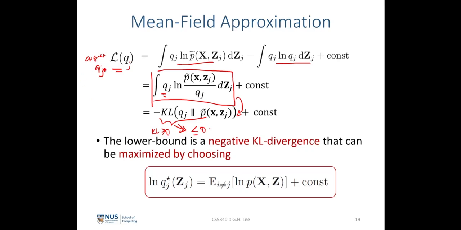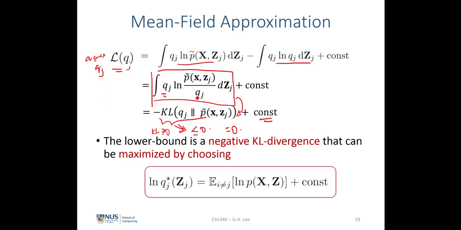And if we are going to maximize this negative KL divergence term, plus a constant term which will not affect the optimization, we'll simply have to choose a q_j such that this negative KL divergence term is equal to 0, which is the maximum value that the lower bound can take. Hence, we maximize this lower bound with respect to q_j.